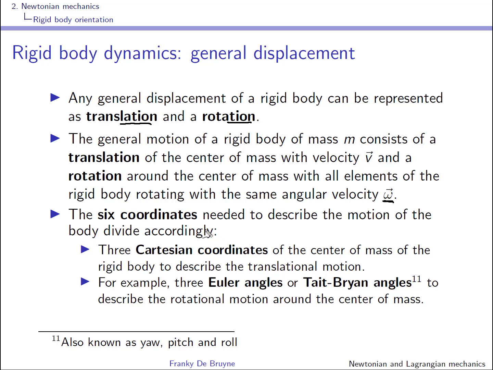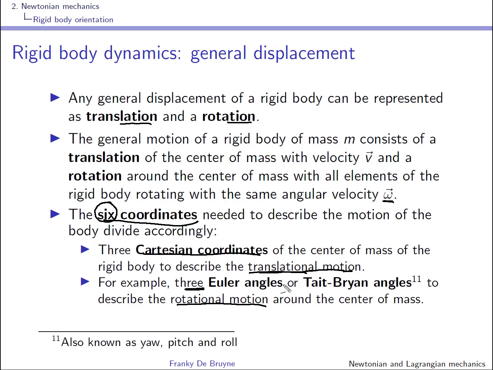And to describe the motion of a rigid body, we need 6 coordinates, right? We need 3 Cartesian coordinates to describe everything that has to do with translational motion, and we need 3 coordinates for the rotational motion, right?